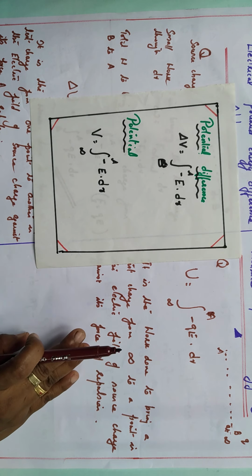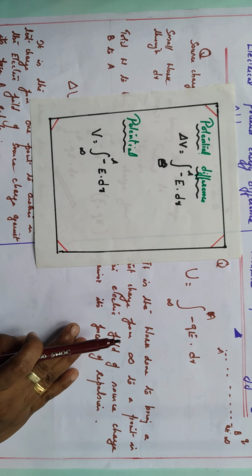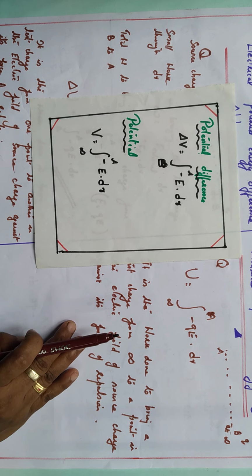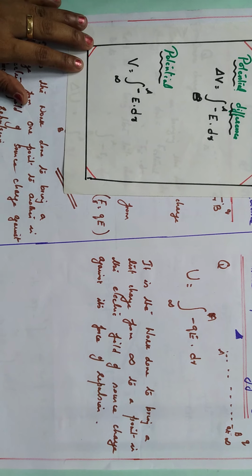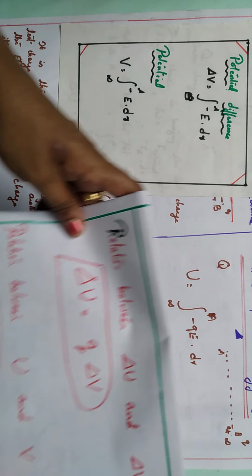So that is the difference. For potential energy we can take any charge. For potential we have to take a unit positive charge, either from infinity to the point or from one point to another.